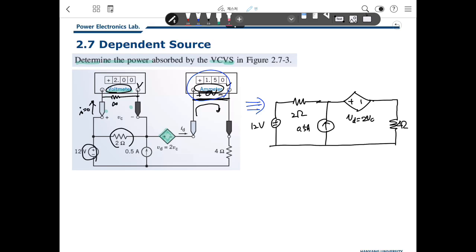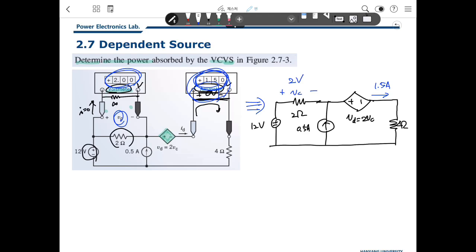Then this ammeter gives some hint of the current: I is 1.5 amps. And this measurement, the voltmeter, gives us a hint too. What is the value of that? We define VC, which is 2 volts.